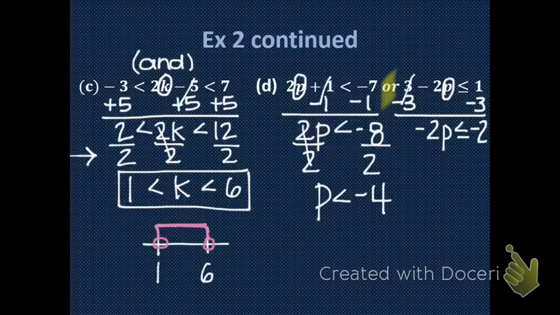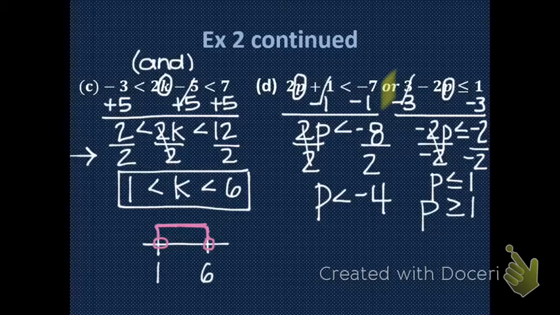And how do we finish this problem? Divide both sides by -2. So P is less than or equal to 1. Now, what's the last question we ask? And do we need to flip the sign? Yes. Look, the last thing we did was divide both sides by a negative. So we do flip the sign, and P is actually going to be greater than or equal to 1.